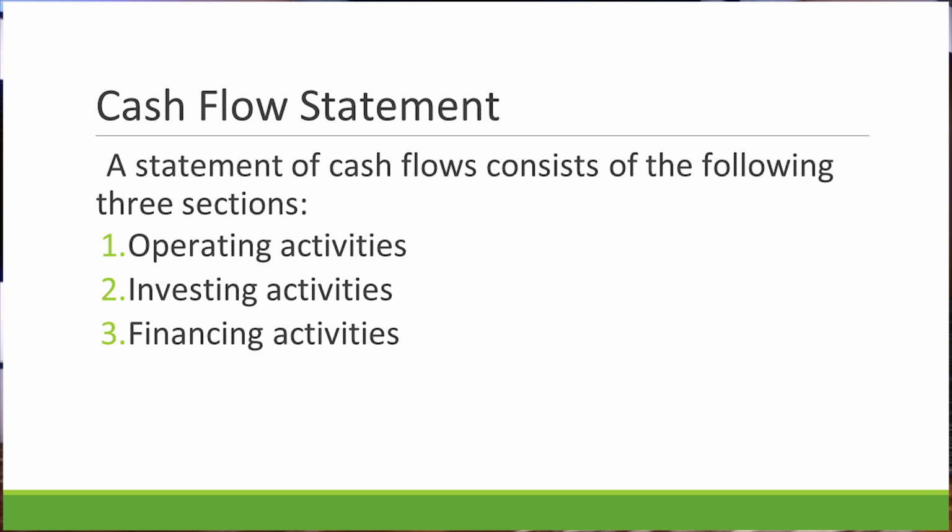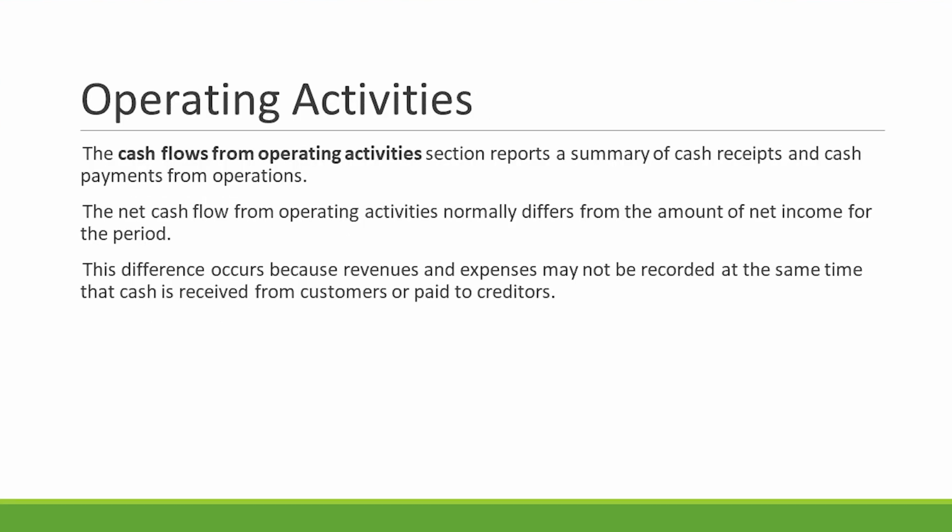Let's take a deeper dive into the cash flow statement. The operating activities section reports a summary of cash receipts and cash payments from operations. The net cash flow from operating activities normally differs from the amount of net income for that period.